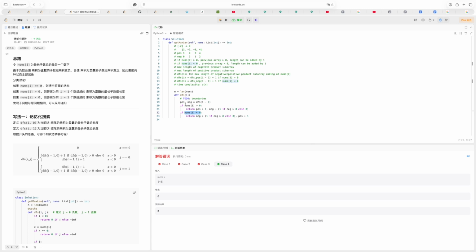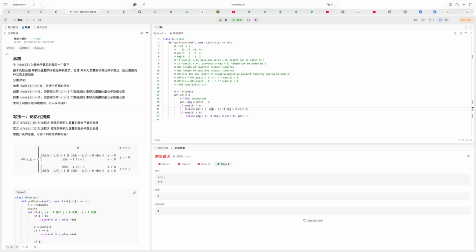And when the current value is larger than 0, its positive length will definitely be added by 1. Even if the previous value is 0, it is still 1. It's at least 1, so we don't need an if else condition.